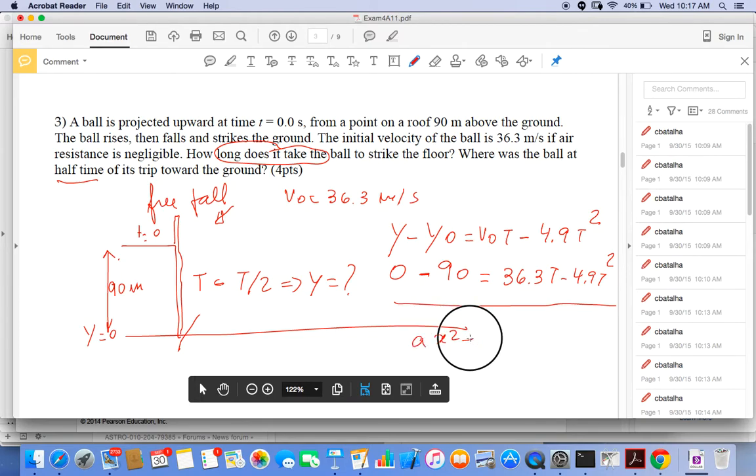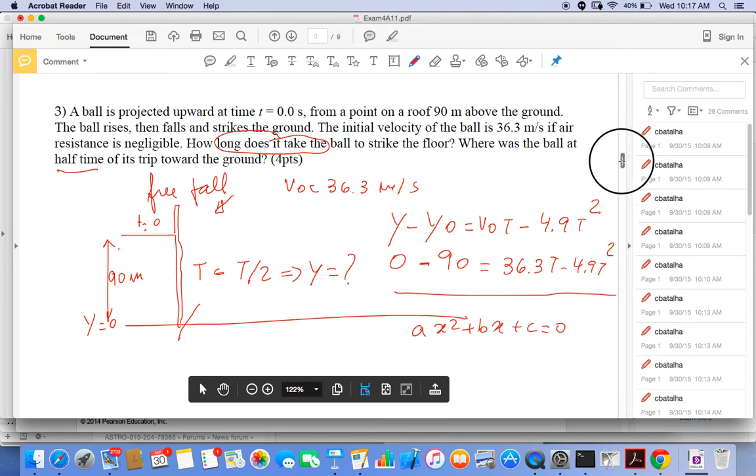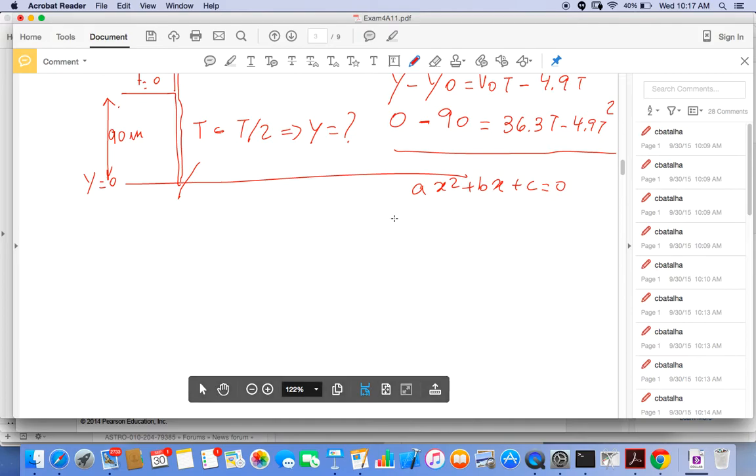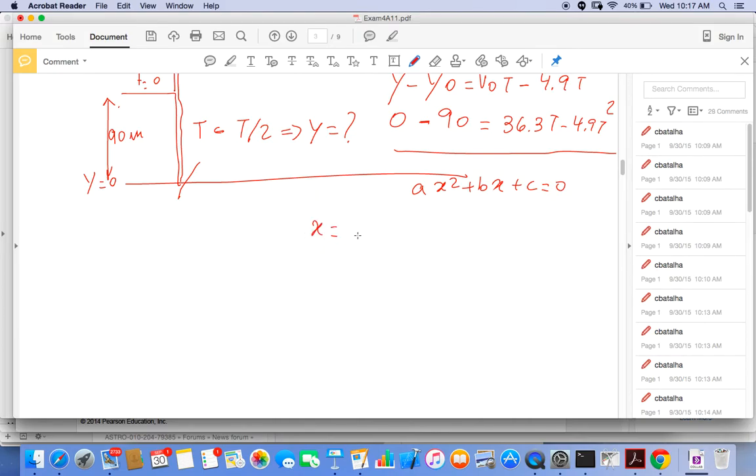A quadratic equation has a dependence in x given by that, and then your x is equal to minus b plus or minus the square root of b squared minus 4ac, divided by 2a. So I think here you're going to have one time that is negative, and so you can cancel that out and take only one time.